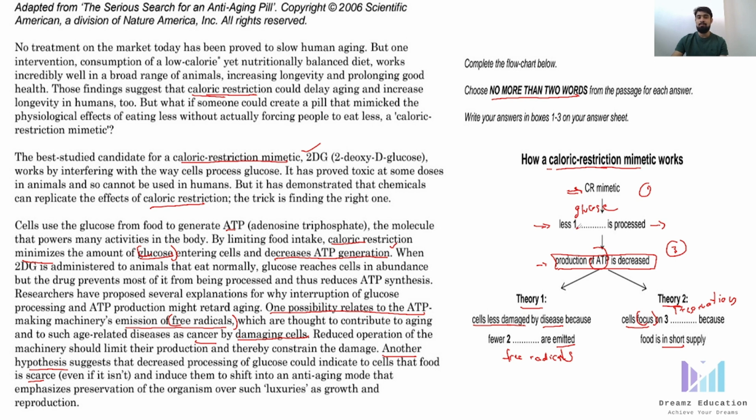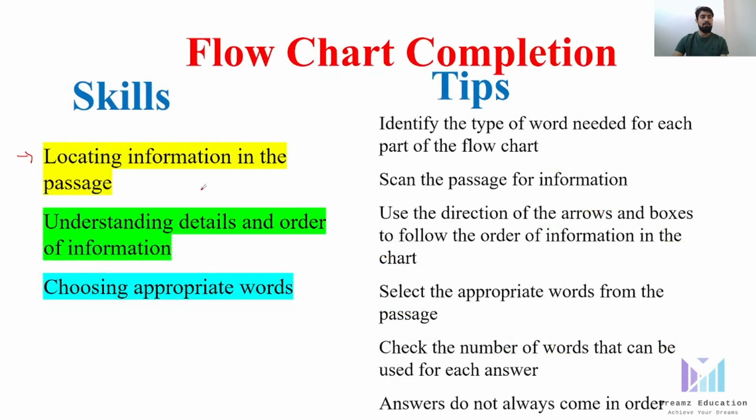Okay, so sometimes what happens, the flowchart could be taken from the complete passage as well. So might be each and every step would be there in one particular paragraph, correct? So we have to read and find out the exact words to identify our answers. Okay, so these are the three steps that we have followed. So locating information, by understanding the keywords, and also we have understood the details and order of the information.